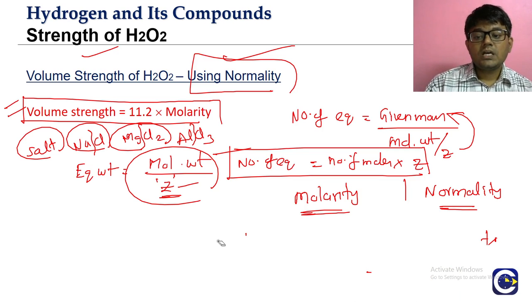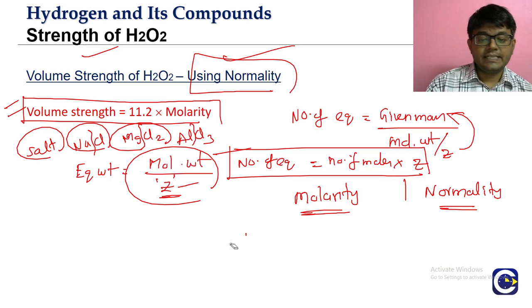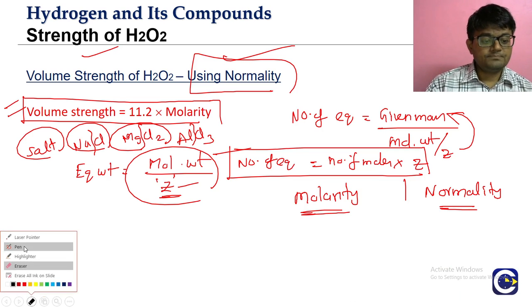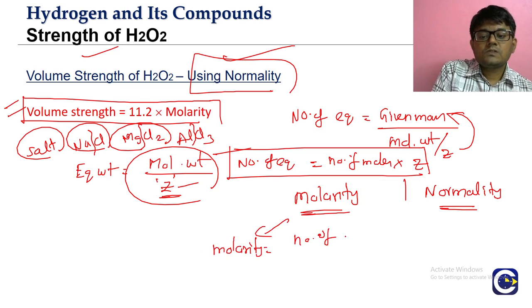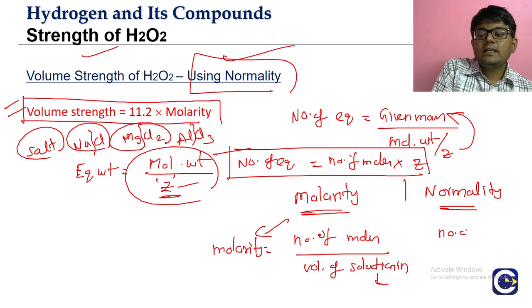Molarity is the number of moles of the solute present in 1 liter solution, that is, number of moles of the solute divided by volume of solution in liters. Okay. What is normality? Number of equivalents of the solute by volume of solution in liter.